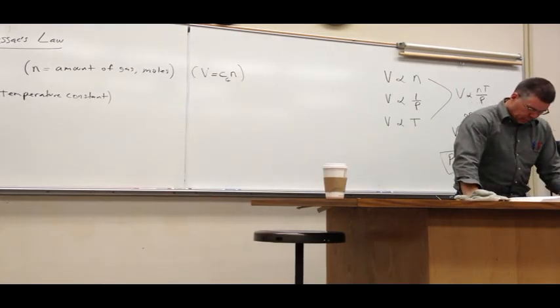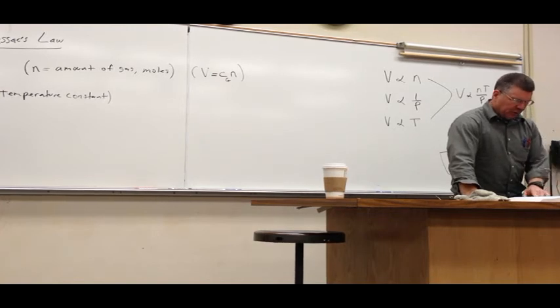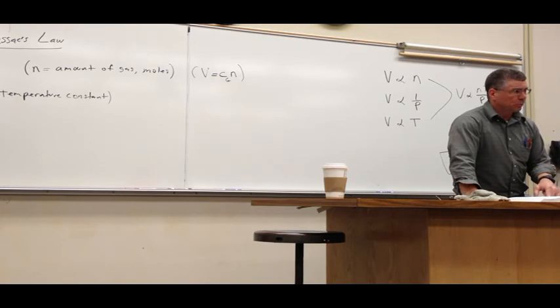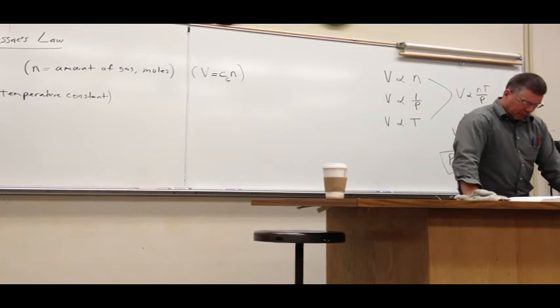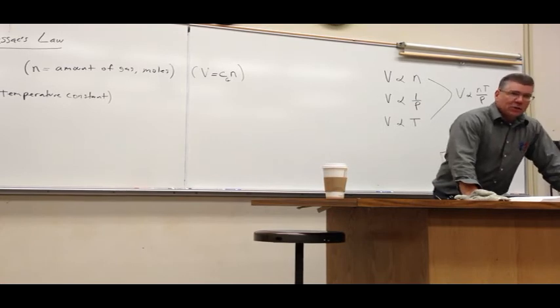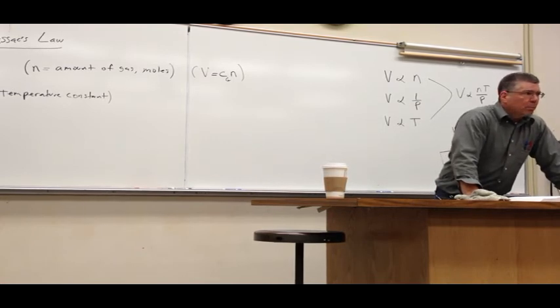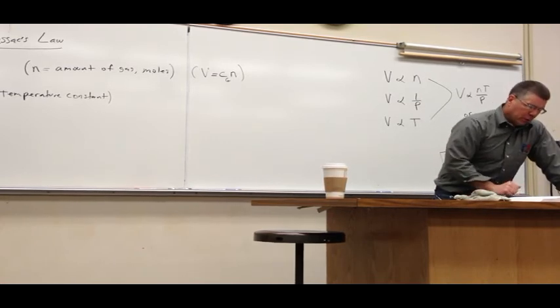If you have that, the units of the gas constant depend upon what units of pressure you're using. If it's pascals, then it's going to be 8.314 or so, and the units are joules per Kelvin mole. All this stuff's in that table.